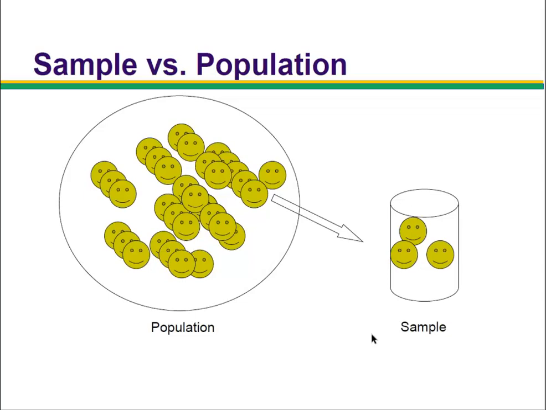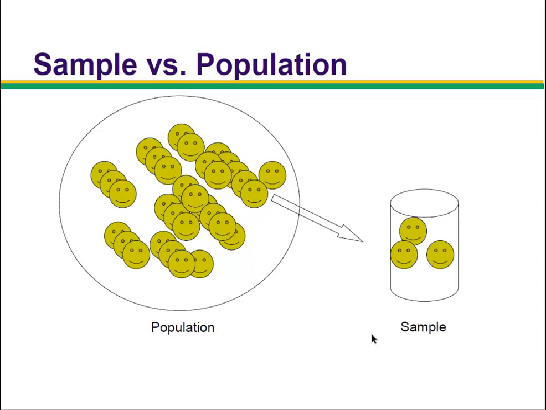If you're a sociologist studying voting behavior in San Jose, your population is all registered voters in San Jose. A sample, on the other hand, is a subset of the population. You take a portion of the population, say 500 college students or 200 registered voters, and you study that group instead. So why would we do that? Because studying the entire population is usually impossible, or too expensive, or would take too long.